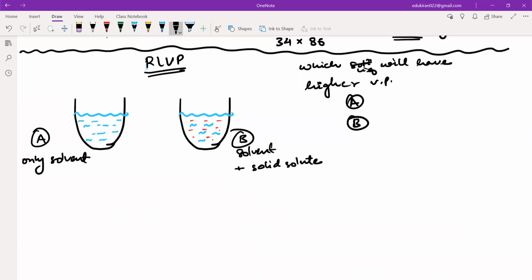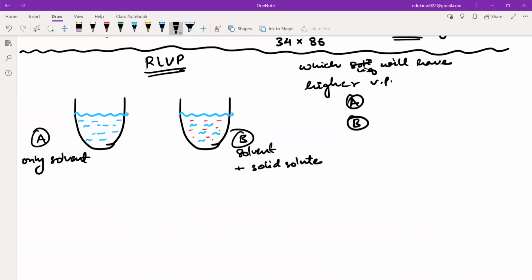Abdul Rahman, please read aloud. When a non-volatile solute is dissolved in solvent, the vapor pressure of the solution decreases and becomes lower than that of the pure solvent. This is known as relative lowering of vapor pressure.